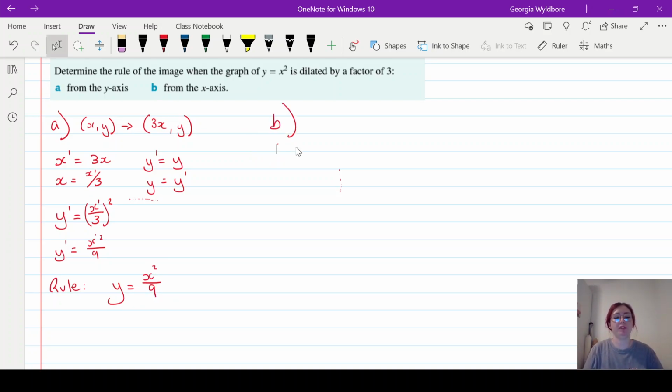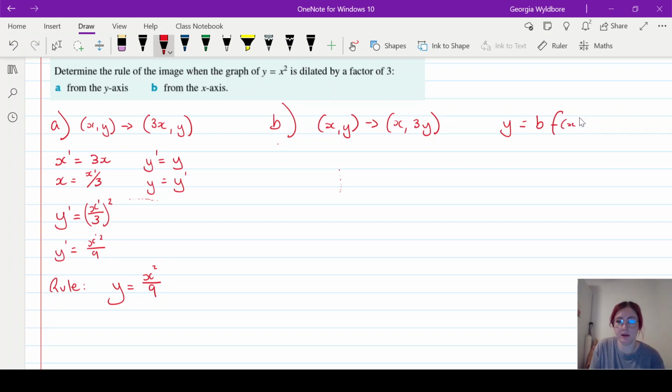For part B, we're dilating from the x-axis. So we know our point xy will map to x, 3y. And if we think back to the rule that we had just before, we know that we should end up with y equals b times f of x.